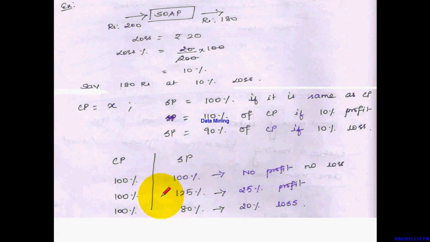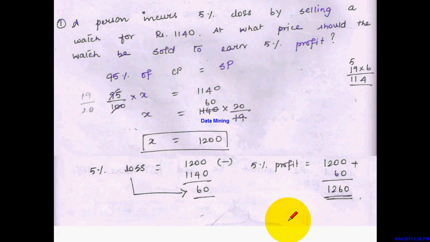In the second case, cost price is 100%, whereas the selling price is 125%, from which it is very obvious that it incurs 25% profit. If the cost price is 100 and selling price is 80%, then what is the assumption? Yes, selling price is equal to 80% of cost price. That is the selling price, isn't it?